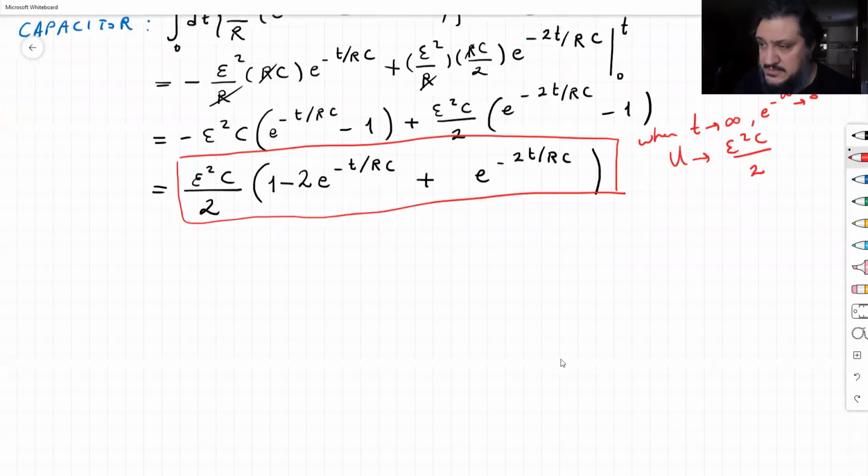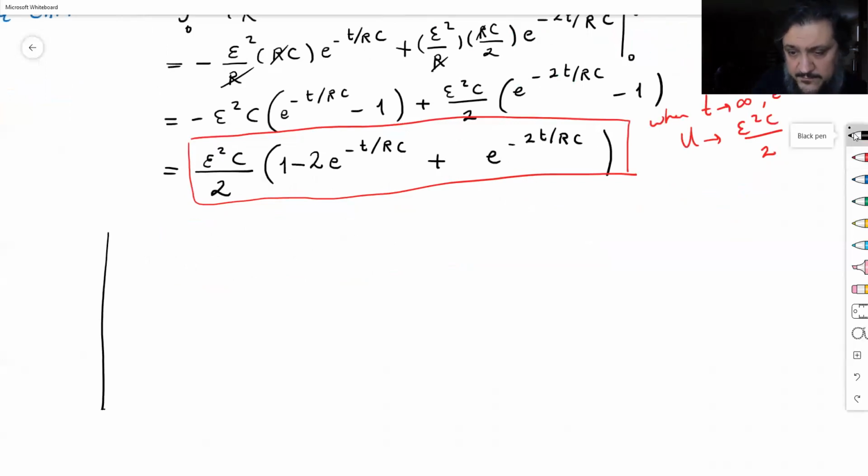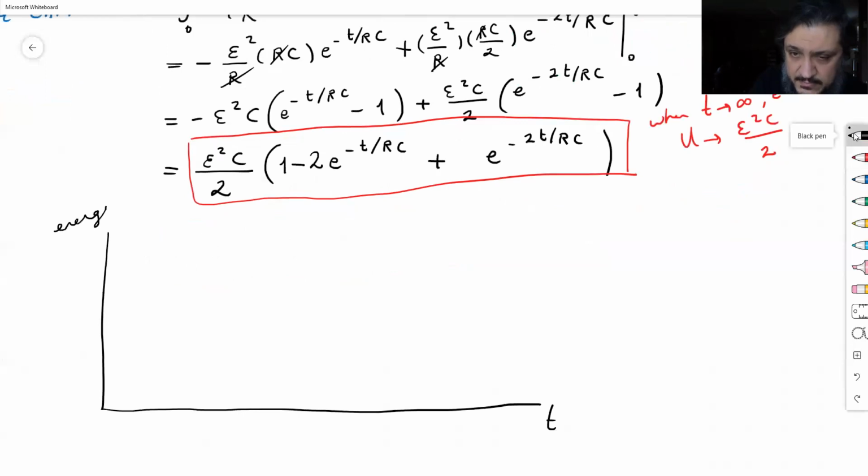Let's plot these on the same graph. So we have the time axis and here energy. Okay, whether it is the energy stored in the capacitor or dissipated in the resistor or the energy we get from the battery. Let's start with the battery.